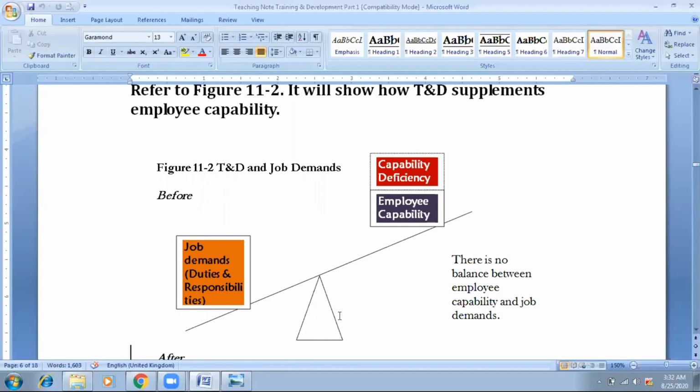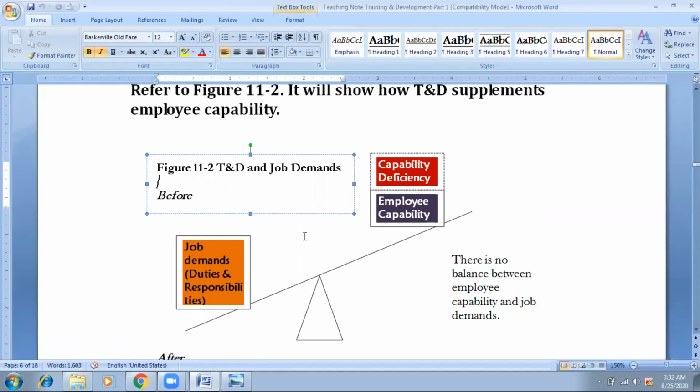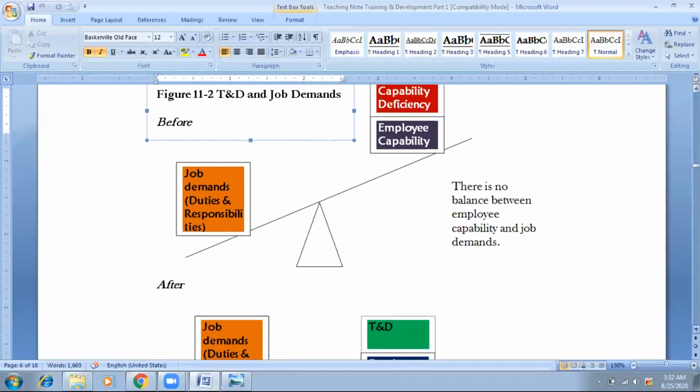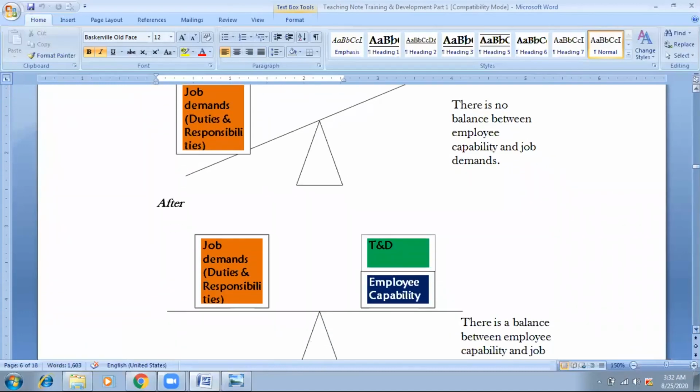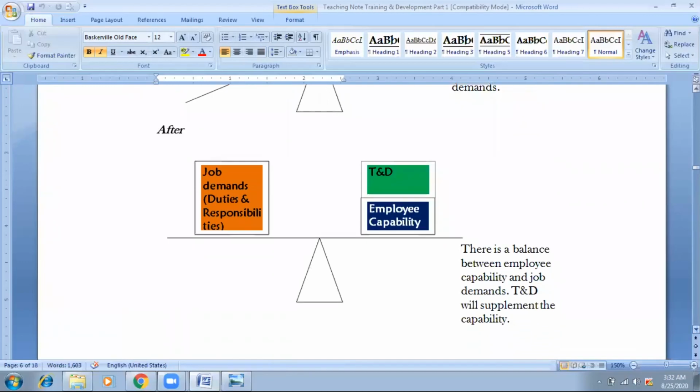Here there is no balance between employee capability and job demands. Here there is a balance. After T&D, there's a balance between employee capability and job demands. So T&D will supplement the capability.